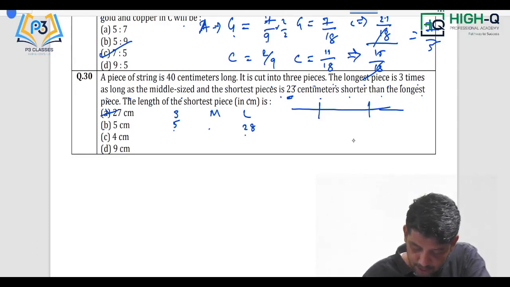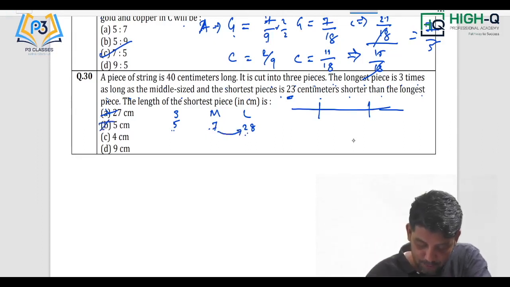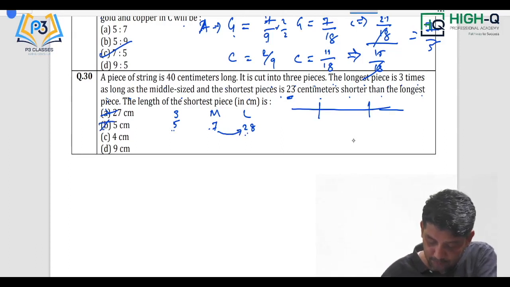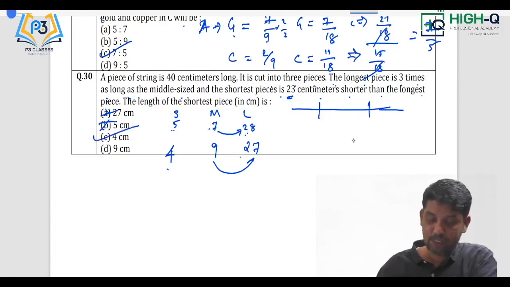Middle size remaining is 7, so this is not 3 times, actually this is 4 times. Therefore that option is also not possible. Take 4 centimeter. So longest will be 27 centimeter and the middle is 9 centimeter. All the conditions are satisfied. Longest is 3 times the medium one, and the 23. My answer is 4 centimeter, my dear.